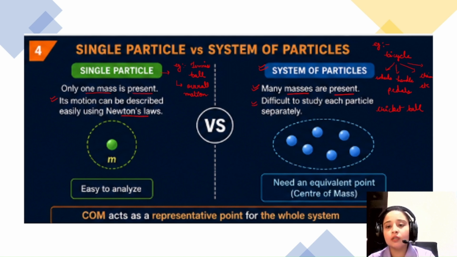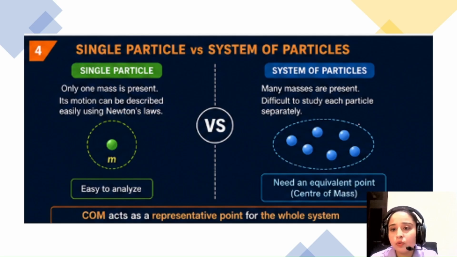So what we can do is we consider that this entire object is equivalent to one point, and that point is nothing but your center of mass.